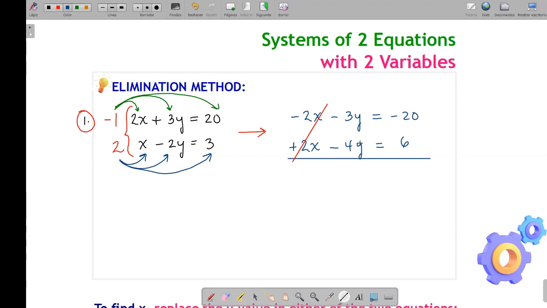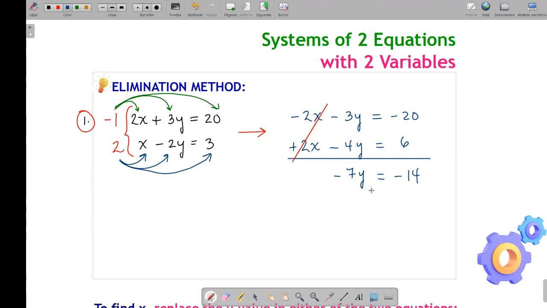Now let's reduce the second column. How much is -3 minus 4? It is -7, because in the rule of signs in addition and subtraction, equal signs are added and we write the same sign. Now, -20 plus 6 is -14.